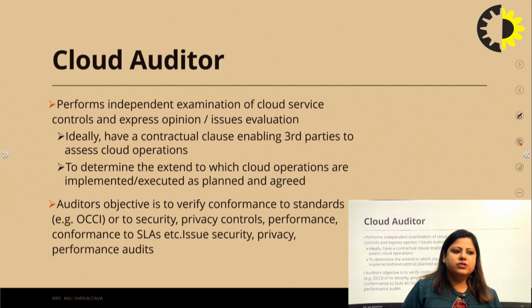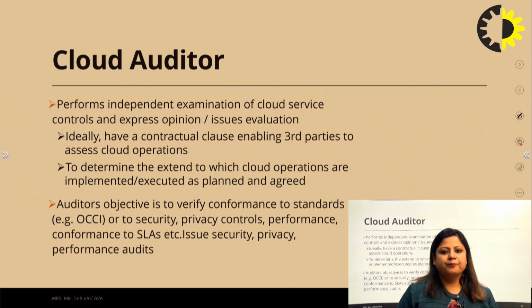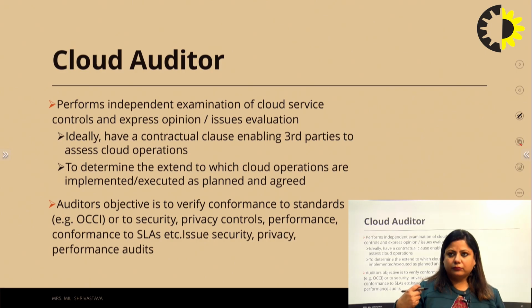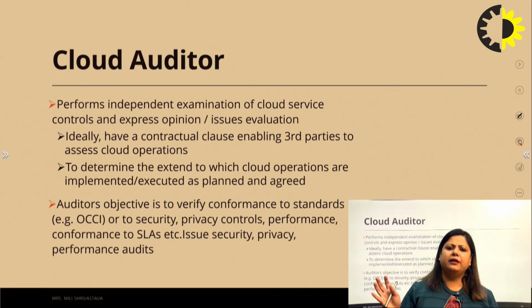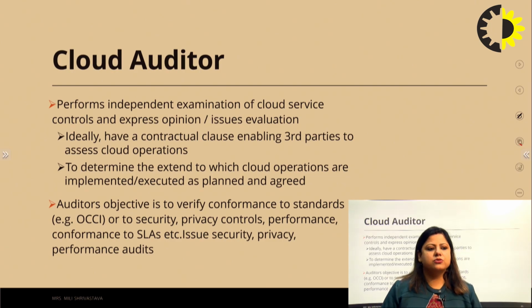And there are some functions which are also included in the cloud provider system, that is aggregation. Aggregation means combining services from multiple providers. There are so many providers which can provide their services in the case of aggregation, and that term or that policy is known as aggregation.